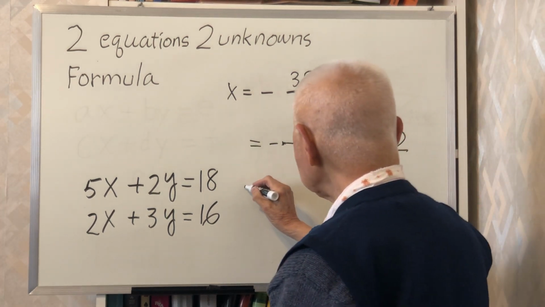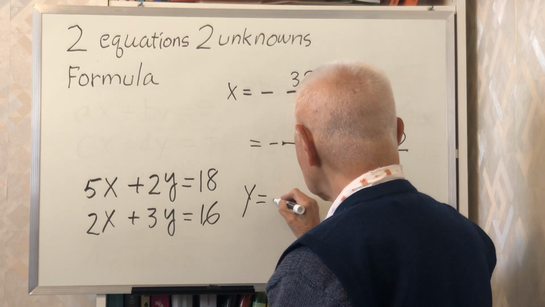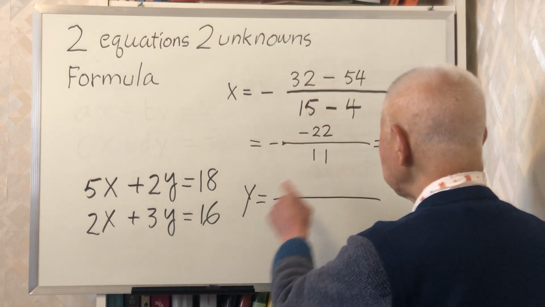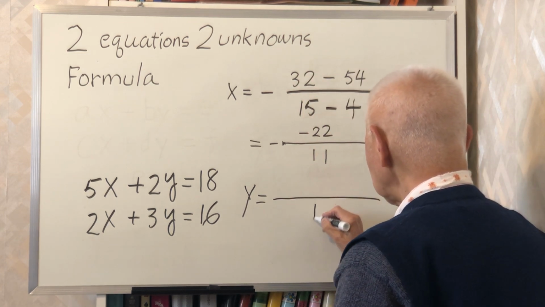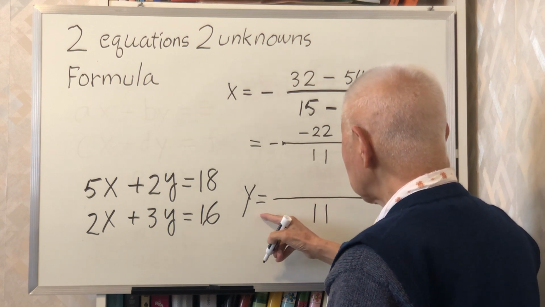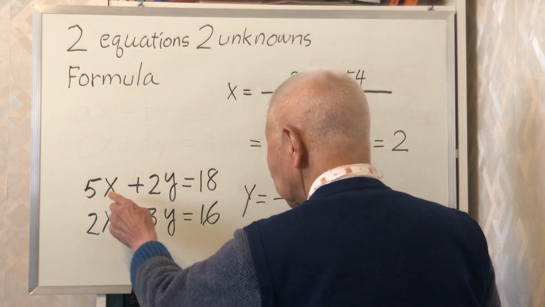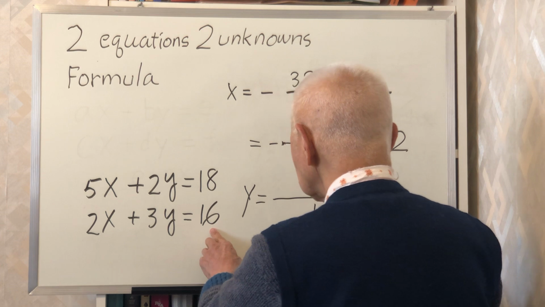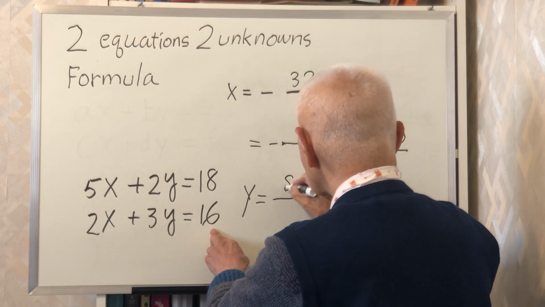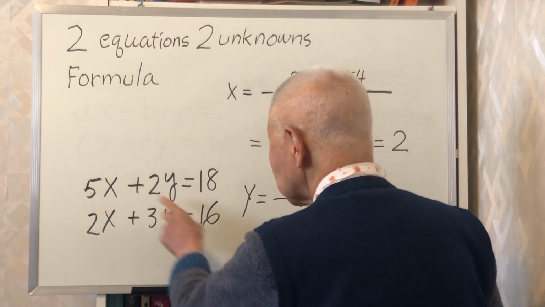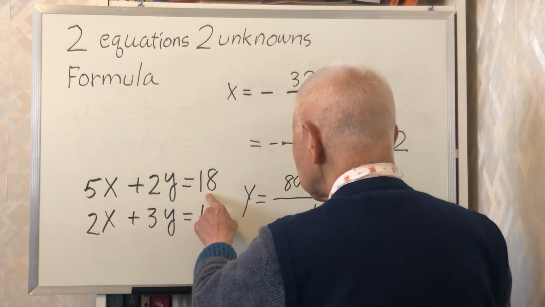What is y? The denominator is the same, so it's 11. For y, you do not need negative, so don't look at y. 5 times 16 minus 2 times 18.